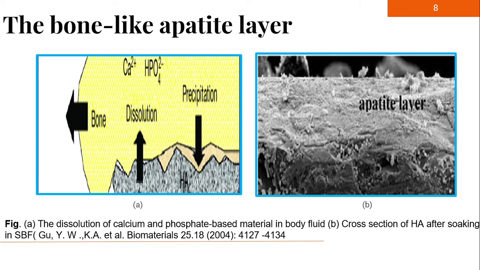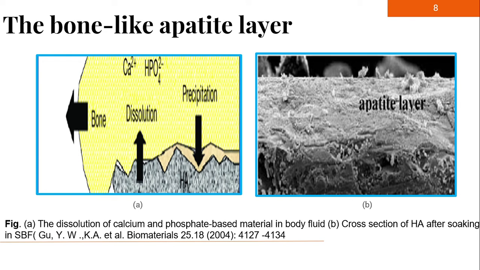Firstly, after implanting the material, the dissolution of the surface will cause a supersaturation of the calcium and phosphate ions, leading to their precipitation and the formation of the biological apatite layer.